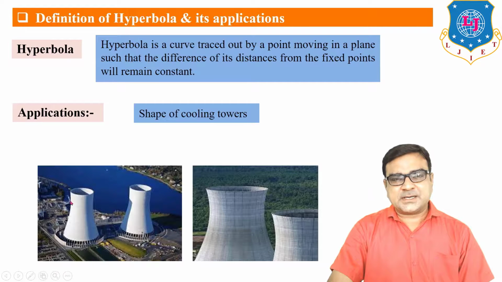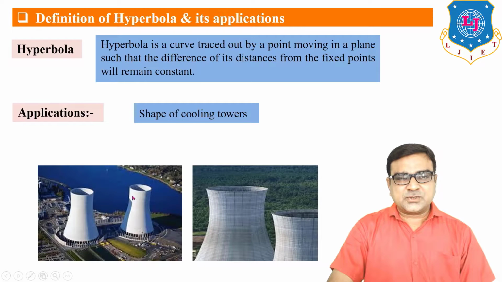For that purpose, the hyperbolic construction is designed in such a way that there is creation of draft to create the pressure difference. So here the shape of the cooling tower is a hyperbola.